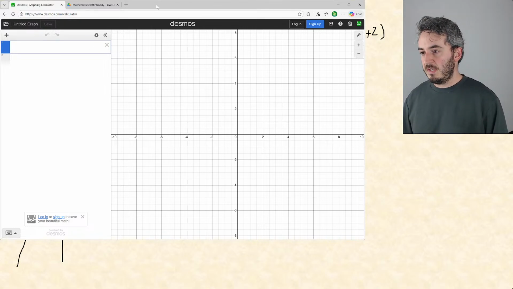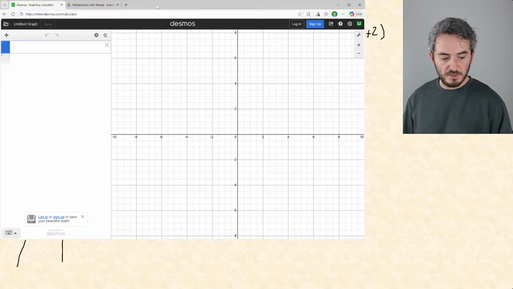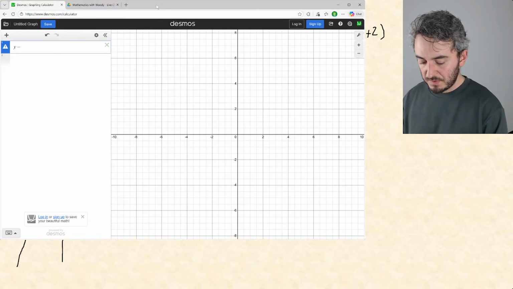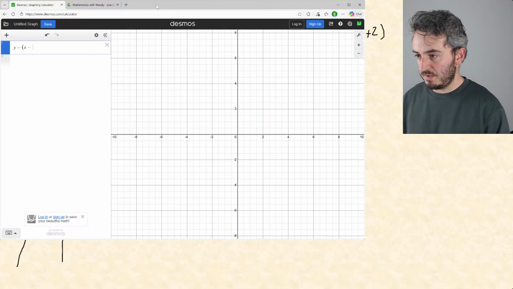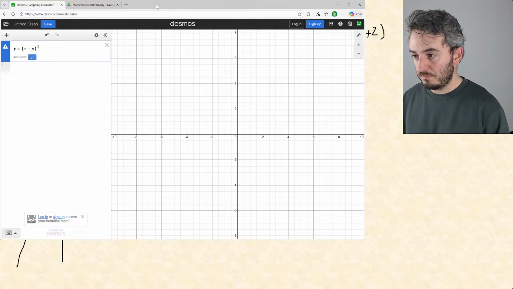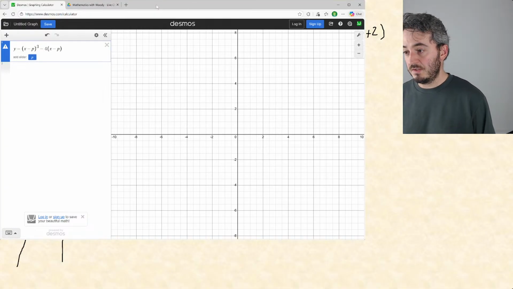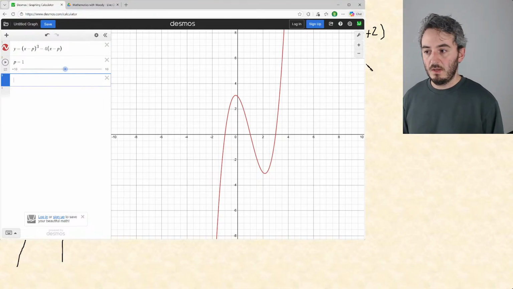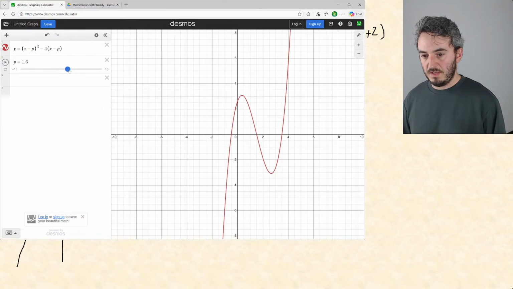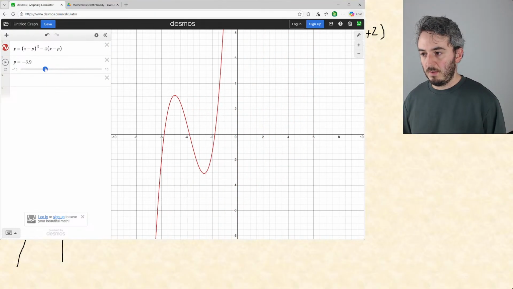So you can just key in a question like this almost exactly. So y equals x minus p cubed minus 4 times x minus p, and I'm going to just add a slider. And now I can slide this around and see what happens.